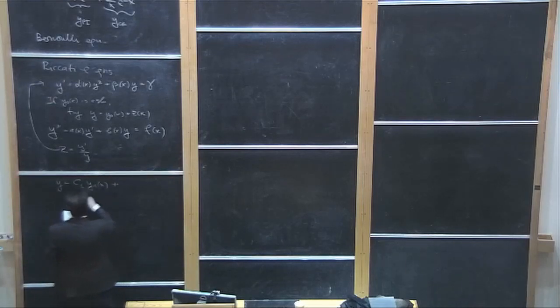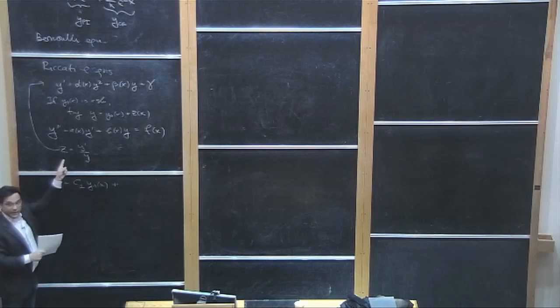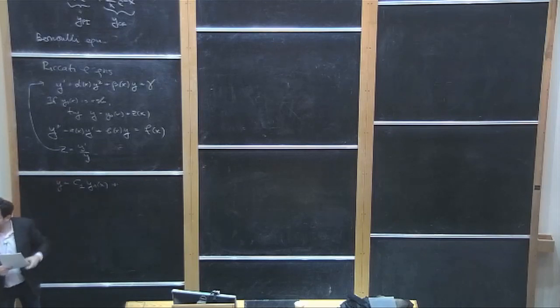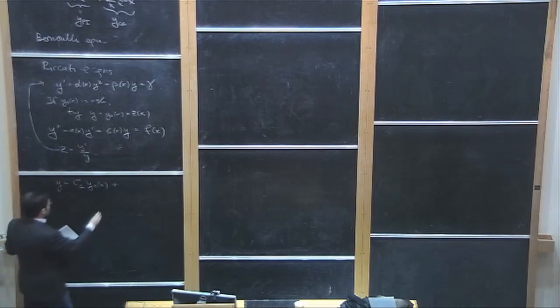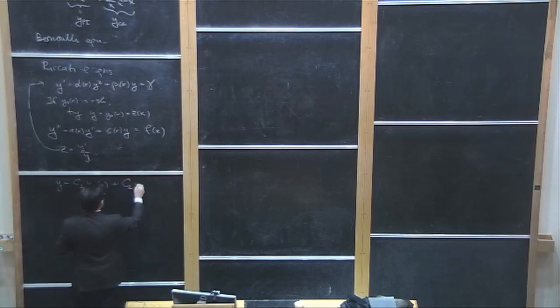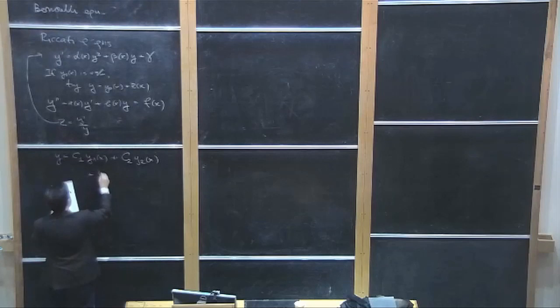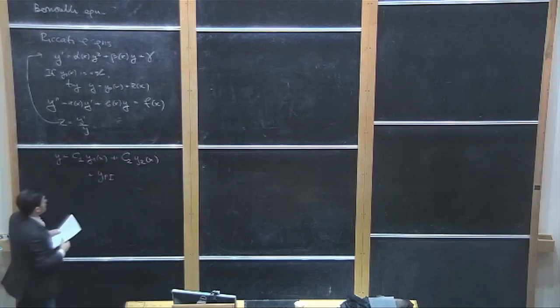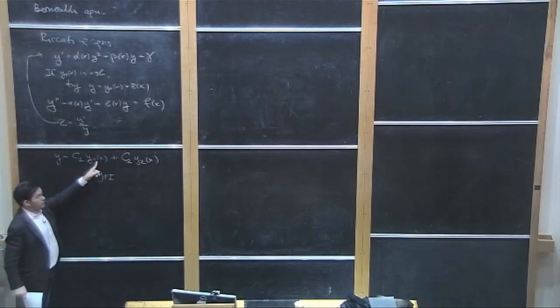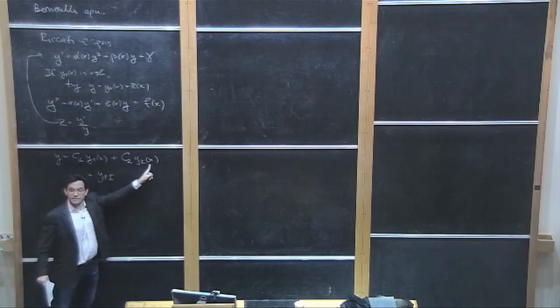So solutions to linear equations exist and can be uniquely written in this form. So you find one solution, you find another that is linearly independent from it.